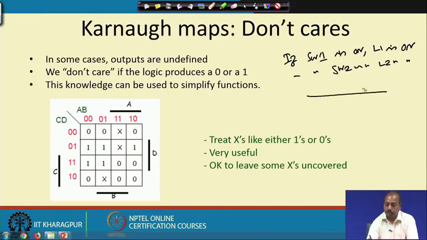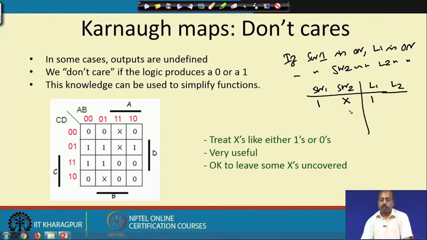If you are drawing a truth table, then it is switch 1, switch 2, light 1, light 2. This expression says that if switch 1 is on, whatever be the condition of switch 2, light 1 should be on. So, I am not bothered about the condition of switch 2. Similarly, if switch 2 is on, whatever be the condition of switch 1, light 2 should be on.